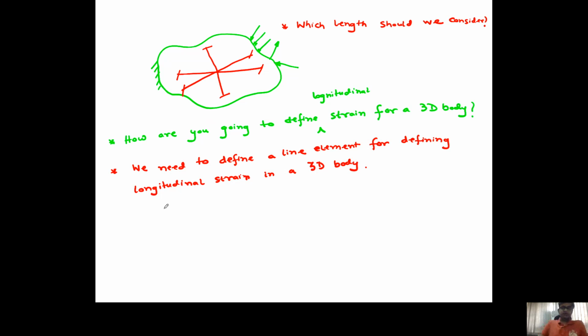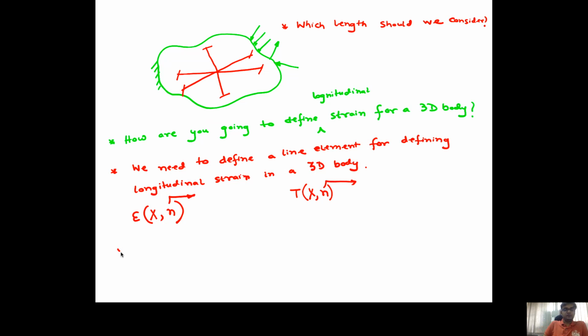So which means if we have epsilon, that epsilon is a function of the spatial coordinate x, because strain varies from one point to another point, and it is also a function of a line element n. Now if you recall in traction, what do we have? We have t as a function of x and n, but there is a difference between this n and this n.